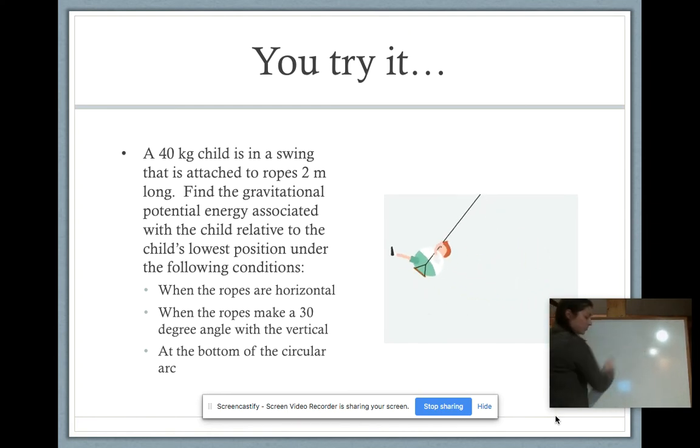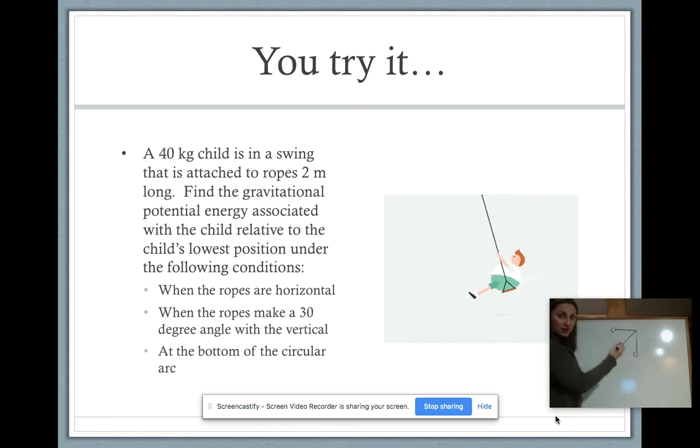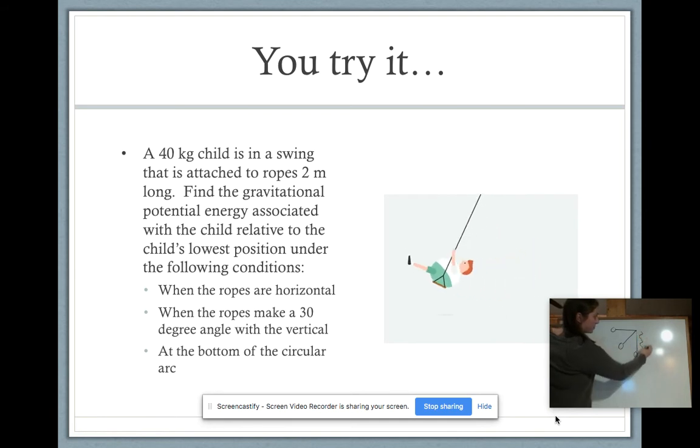So of course, when we're doing this, we always want to draw a picture. So at the very top, here's the child partway down, and here's the child at the bottom. So at the very top here, the potential energy is just going to be based on the height of 2 meters above the ground. So we know that the length of this rope is 2 meters, so that's the height of the child above the ground.